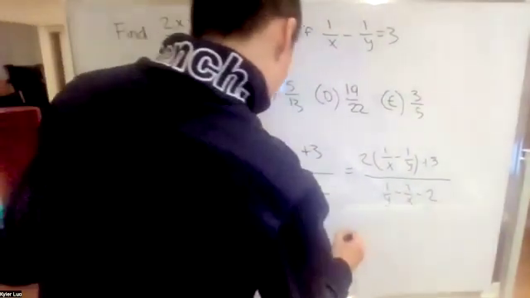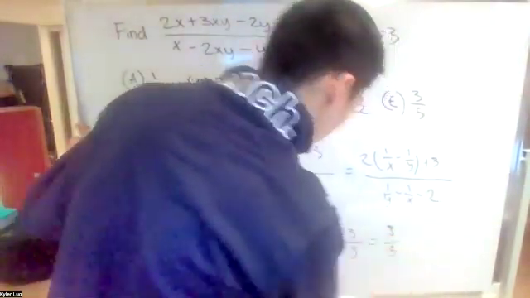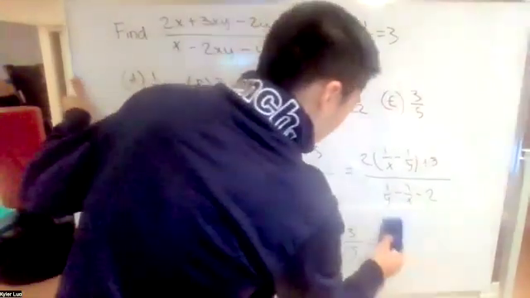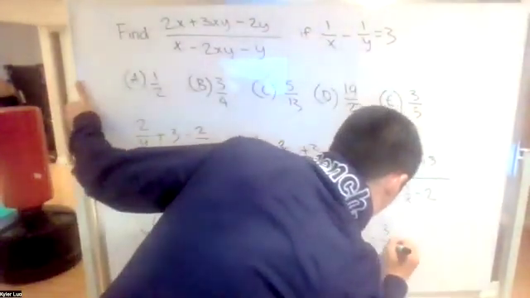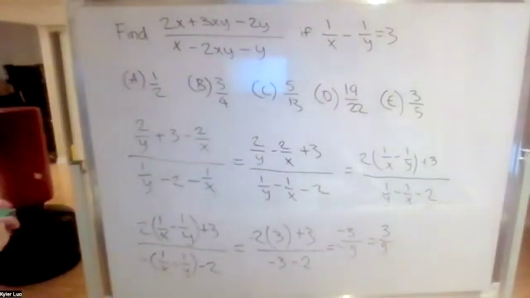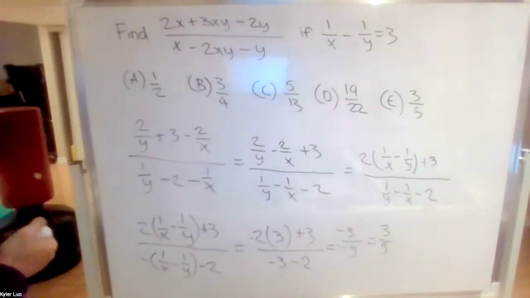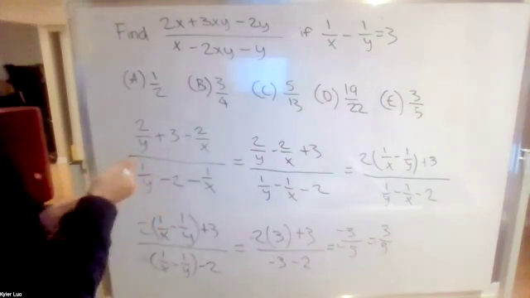Yeah, it's negative 3 over 5. And negative 3 over 5 is E. So yeah.